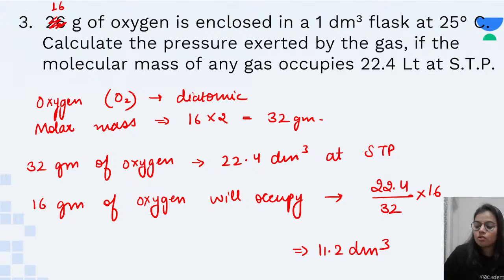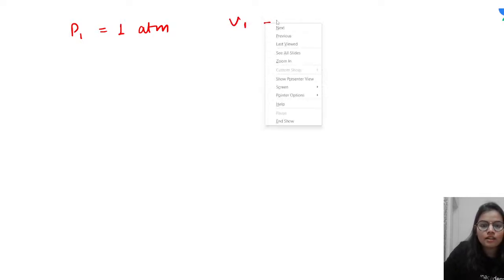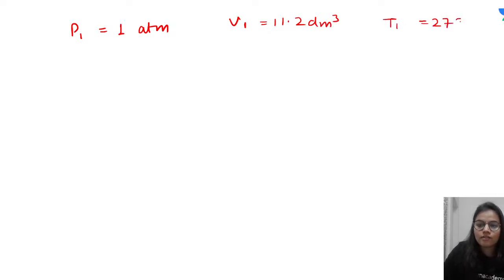So now let's see what values we have. First of all, pressure 1 is 1 atmosphere because it is given. Next is volume 1, which we have just found out: it is 11.2 dm cube. And temperature 1 is given as 273 Kelvin.